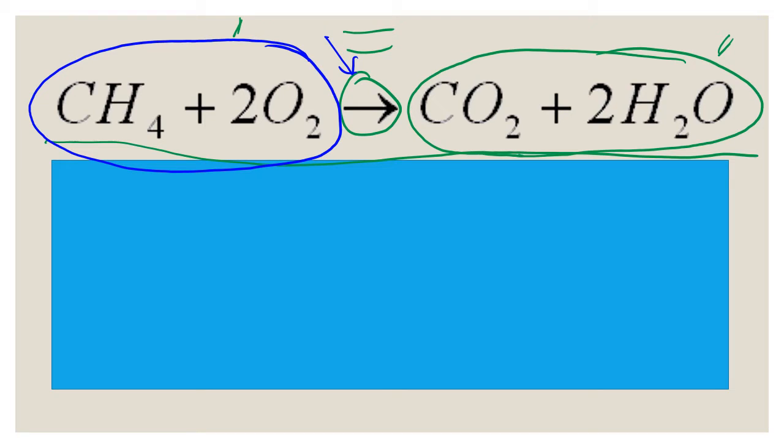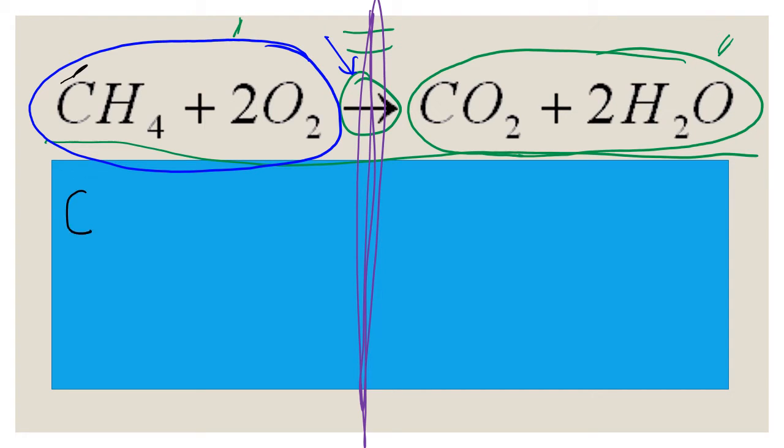Some of the things you guys hopefully are already kind of noticing is that first, let's split both sides with a big purple line here, okay? And then we're going to count out which kinds of elements we have on both sides, and then we're also going to look at how many of each one. So on our left side, on the reactant side, it looks like we've got C for carbon, right?